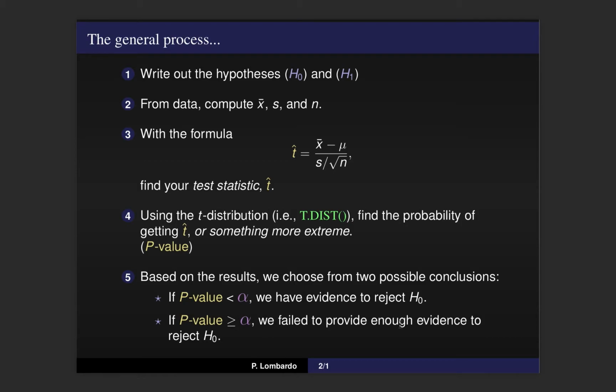So you failed to provide enough evidence to reject H0. The prosecution fails to show that H0 is guilty or false. All right, so based on the p-value we end up computing and the significance level that we as researchers set, we'll have a clear delineation as to whether we have evidence to reject H0 or we failed to provide enough evidence to reject H0.